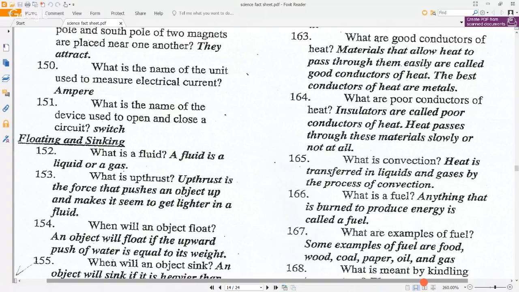What are poor conductors of heat? Insulators are called poor conductors of heat. Heat passes through these materials slowly or not at all.